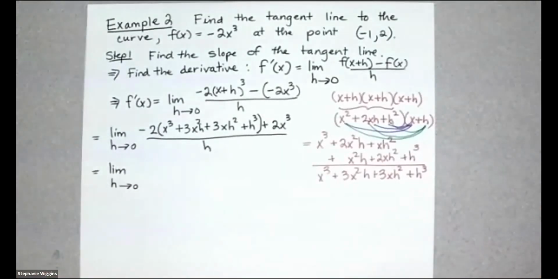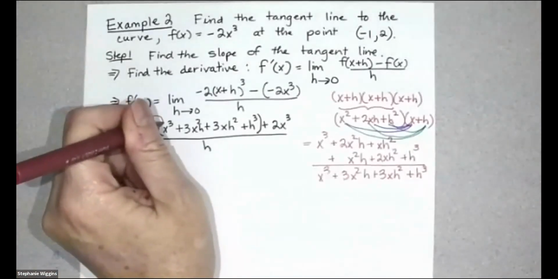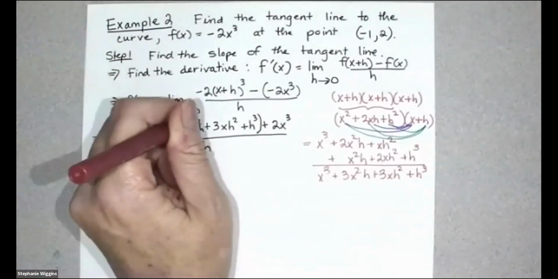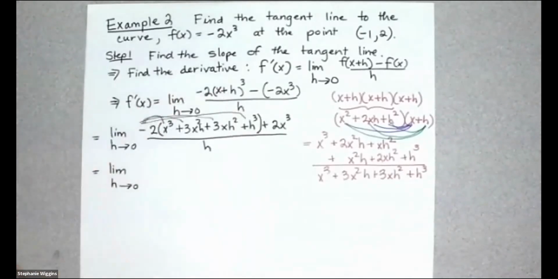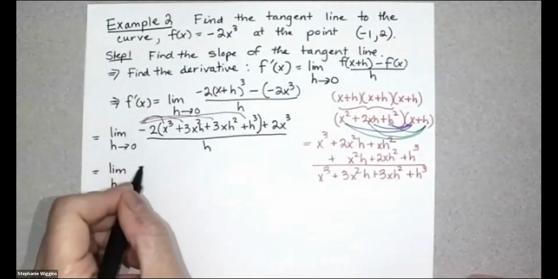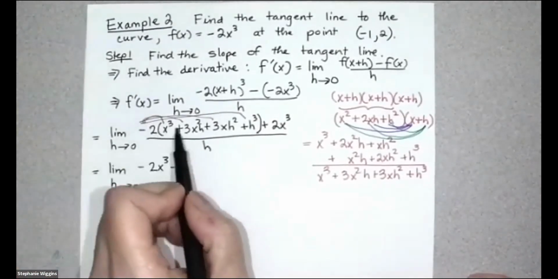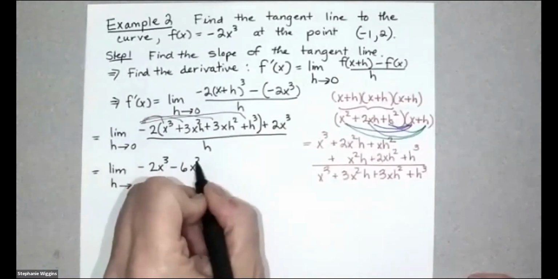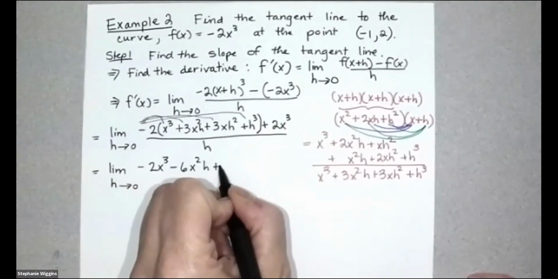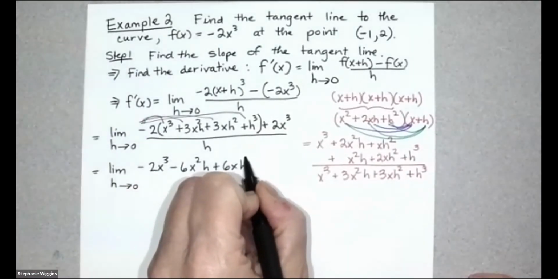Now I want to go ahead and distribute the negative 2 like that. And I get negative 2x cubed minus 6, because I have negative 2 times 3, x squared h plus 6xh squared.